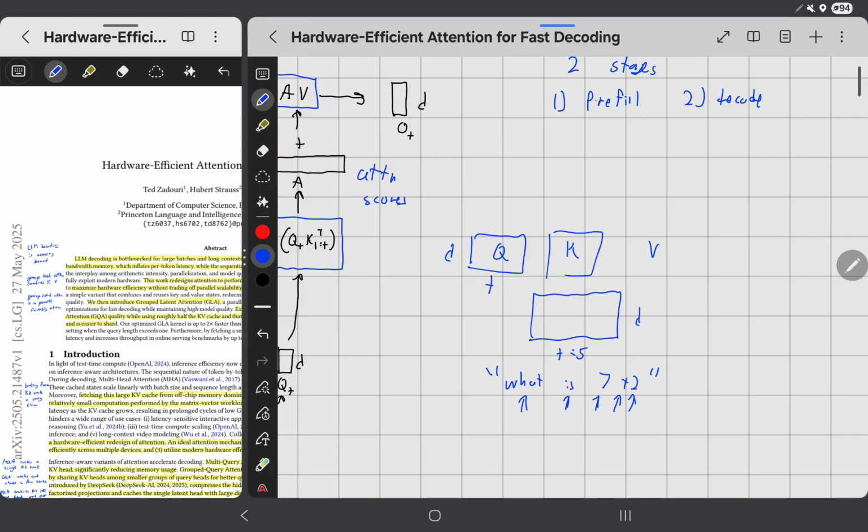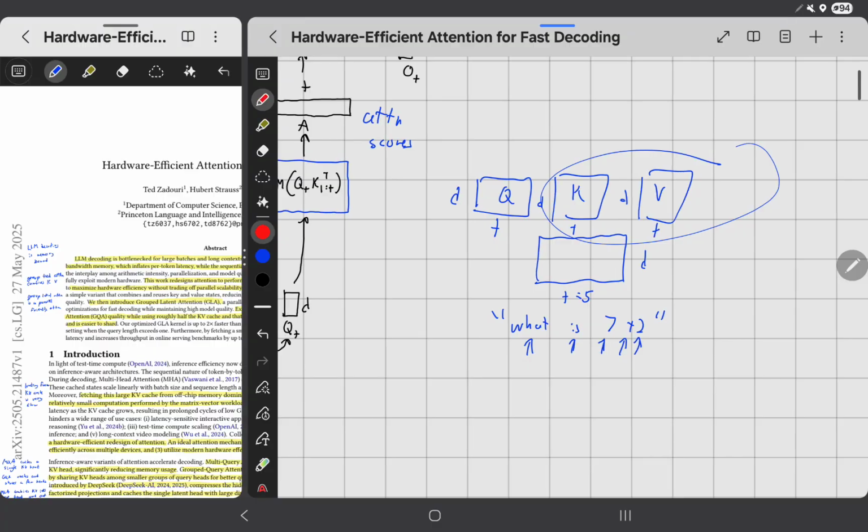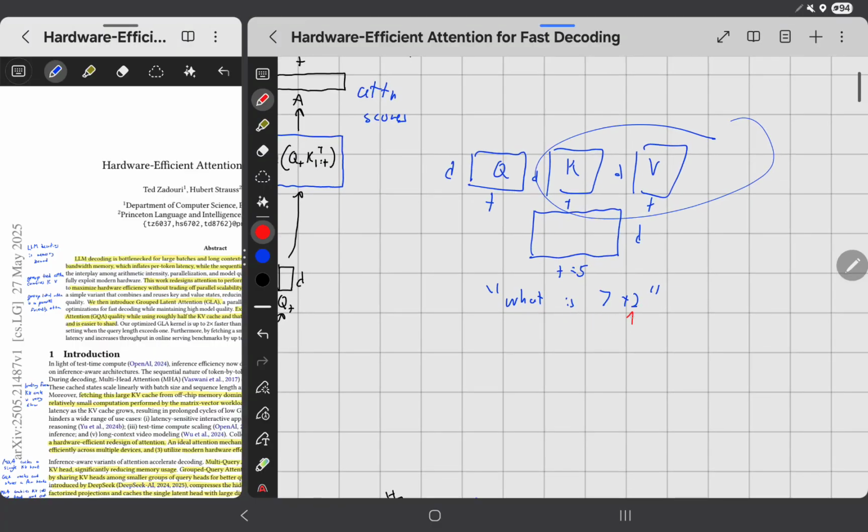In the prefill stage, you're basically computing your keys and values for every part in your sequence. The reason you do that is because for every token in your sequence, you can store the keys and values, because the keys and values are causal. And the keys and values are what send information to whatever this last token is, so that this last token can make the next prediction.